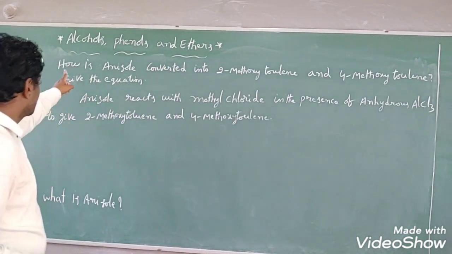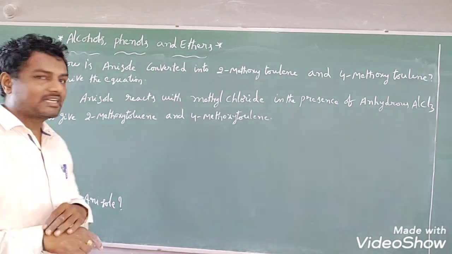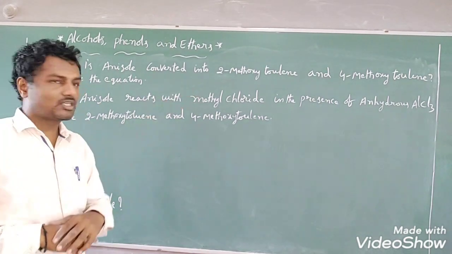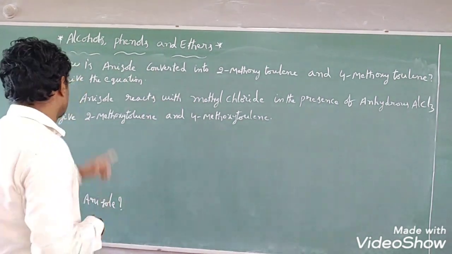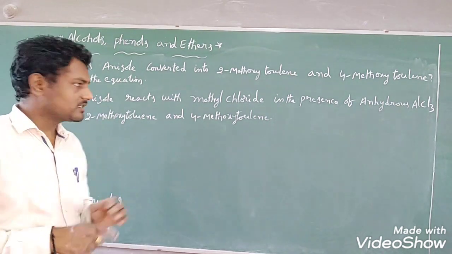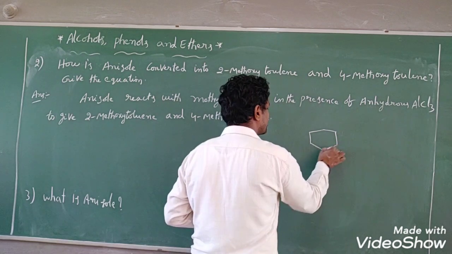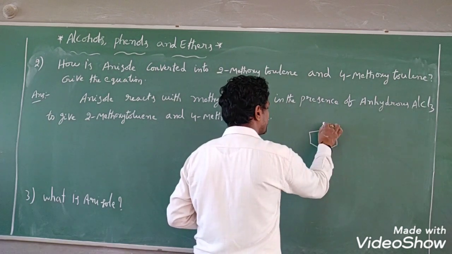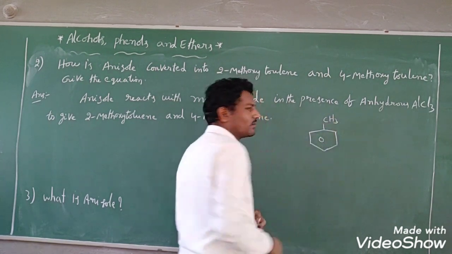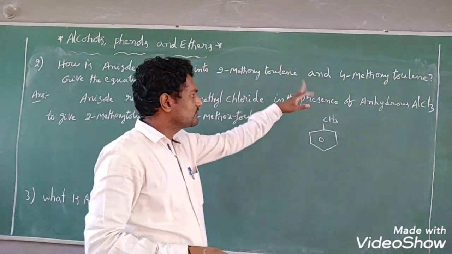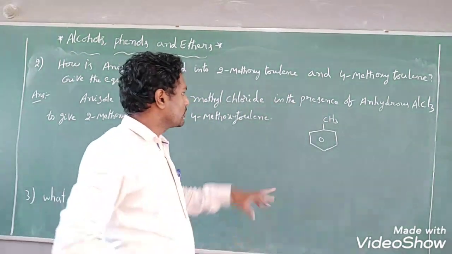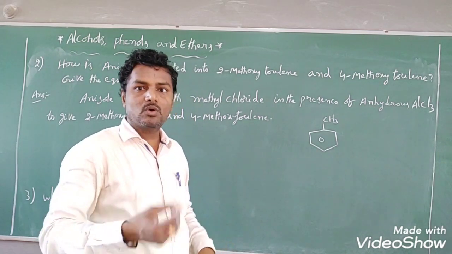The next question: how is anisole converted into 2-methoxytoluene and 4-methoxytoluene? Give the equation. You know already, students, toluene is benzene with a CH3 group present. Methoxy means OCH3 group.